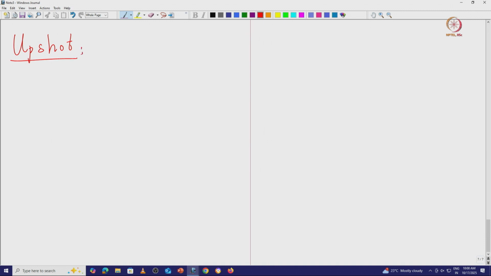So the upshot is that we get another formula for computing the connection.